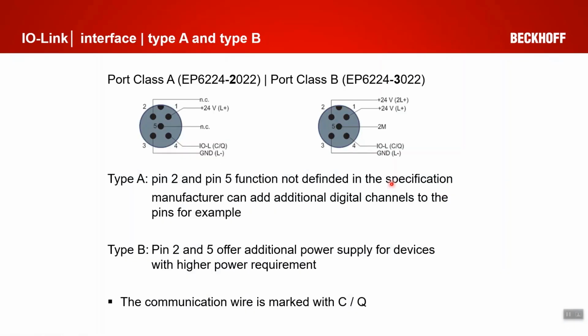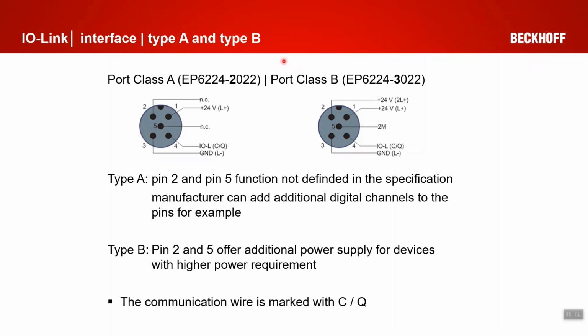So what are the differences between type A and type B, or how they are called in the specification, class A and class B? Class A, here we have no connection at pin 2 and pin 5. This is not specified in the IO-Link specification, but it's possible, for example, for the manufacturer to add additional digital channels to these pins, but it's not specified.